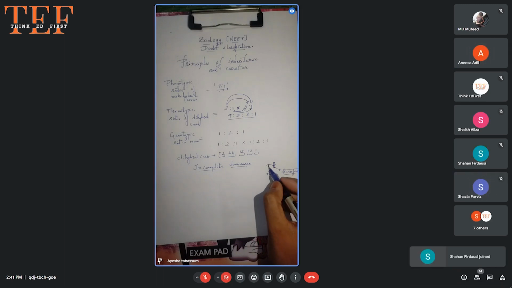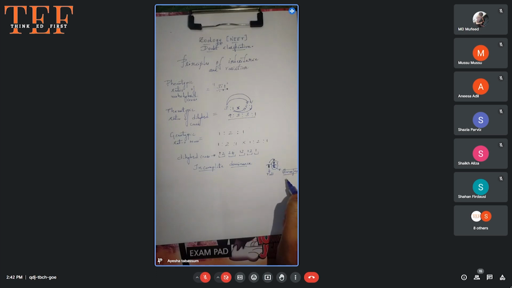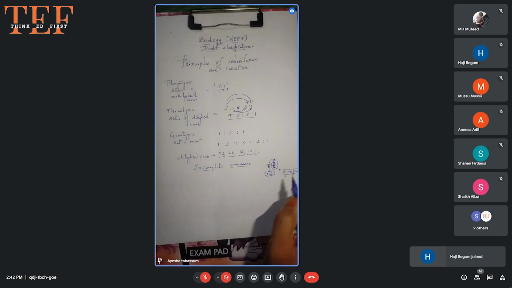Very good. Capital T is the dominant gene and small t is the recessive gene. Capital T is masking the small t. It is not allowing the small t to express itself. That's why the dominant gene capital T is expressed and small t is suppressed.